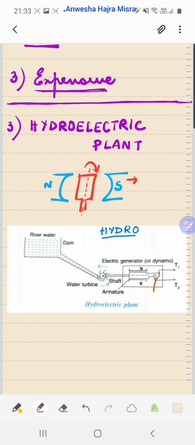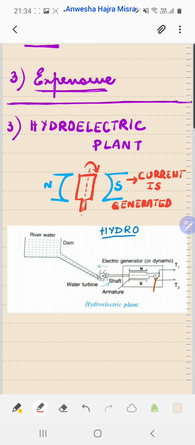Current is generated. By any means, if you can rotate the coil in a magnetic field, you get a current.